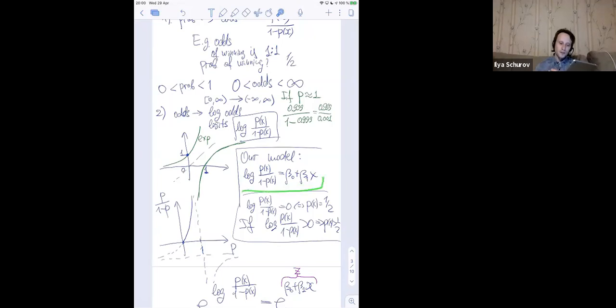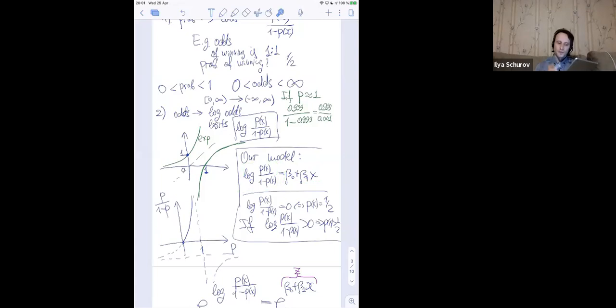Basically, this model is in a sense arbitrary, but it is important that this model catches some important properties of our dependency. For example, we can interpret this beta 1 as we interpret it in linear models. We can say that this beta 1 shows how fast this thing, something like probability, increases as x increases.